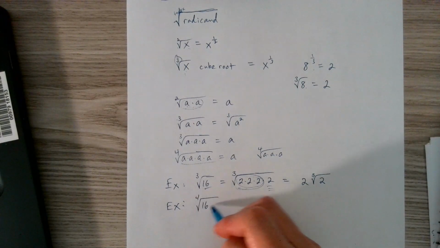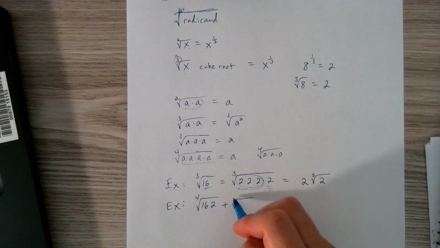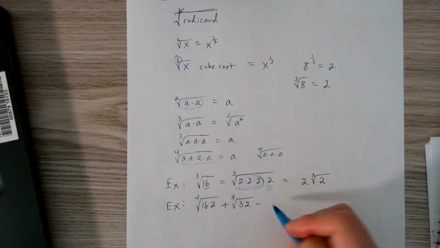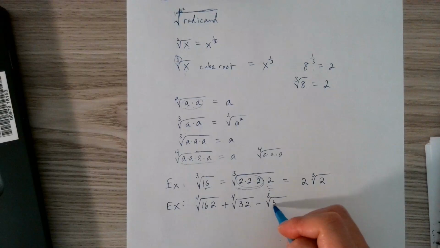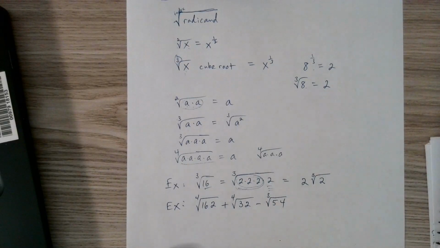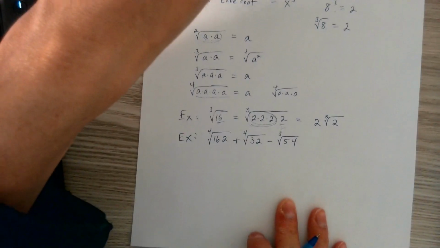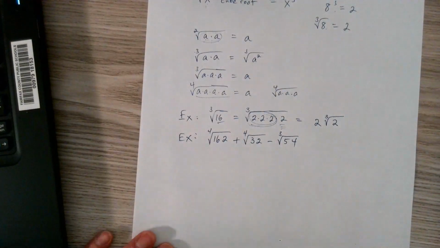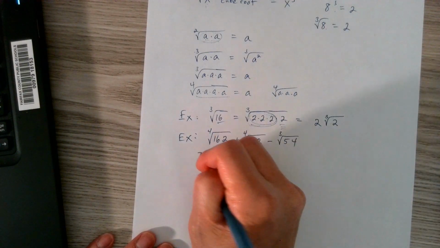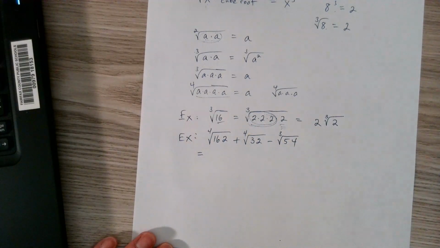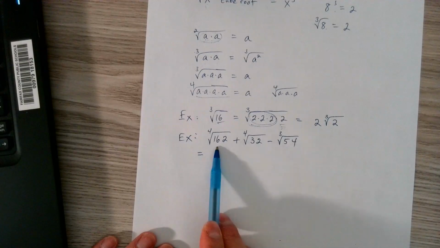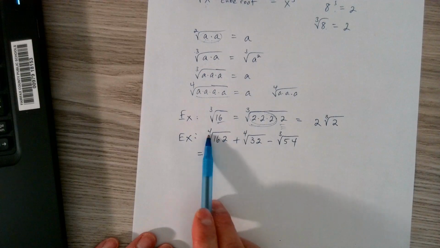Okay, the second one is complicated looking. And perhaps it is complicated because I haven't done it yet. So we need to factor each radicand to find out if we have enough identical factors to simplify. For the first one, we're hoping I have 4 identical factors somewhere in 162 because I'm in 4th root.